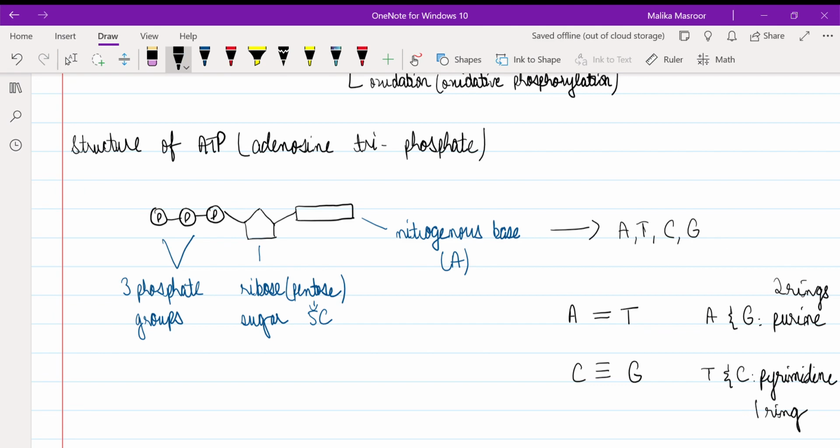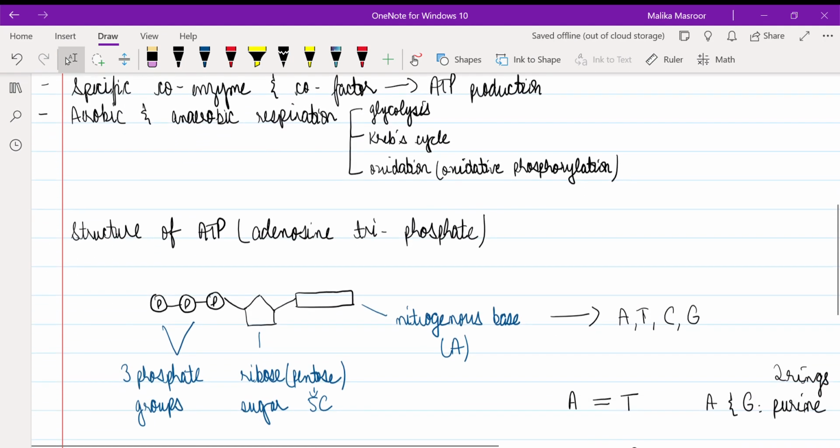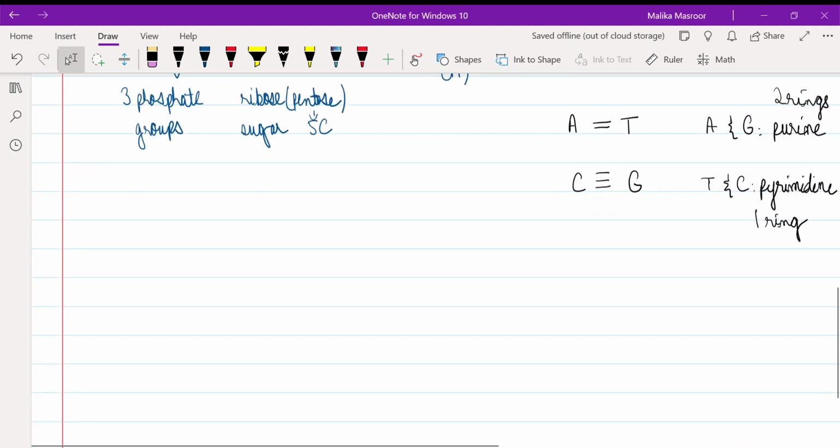Okay, now as I talked about the specific coenzymes and cofactors, let's talk about those. So you have 4 of them. Let's see the cofactors. You have NAD, that is known as nicotinamide adenine dinucleotide.